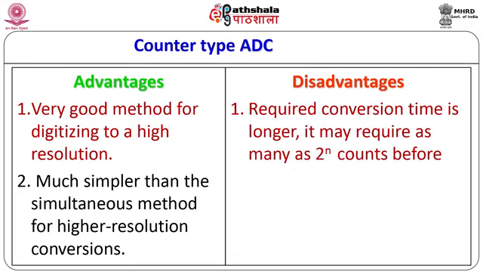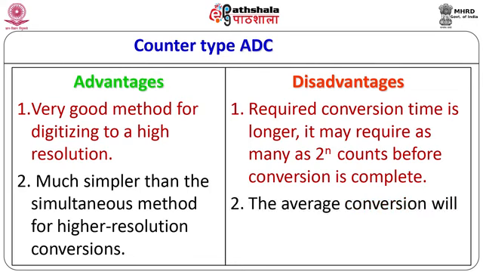It requires as many as 2^n counts before conversion is complete. In fact, the average conversion time will be 2^n divided by 2 for the conversion to complete, where n is the number of bits. These clock pulses are fed from the clock, and hence the clock frequency is going to decide the conversion time of the counter type ADC.